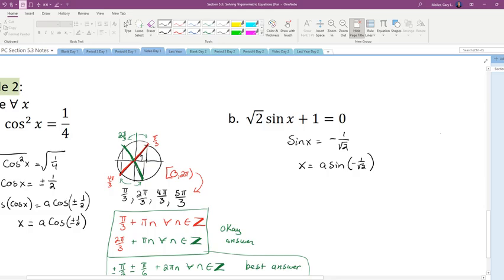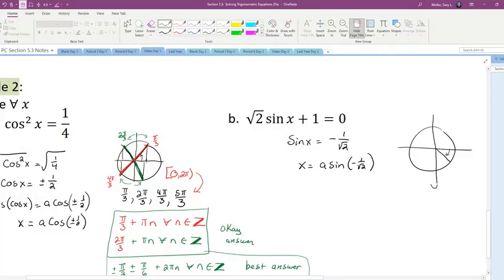So then I just have to ask the question, once around a circle, where is sine negative 1 over the square root of 2? And hopefully this is conjuring up pi over 4s for you, but in the negative location. So arc sine would technically return this value of negative pi over 4.